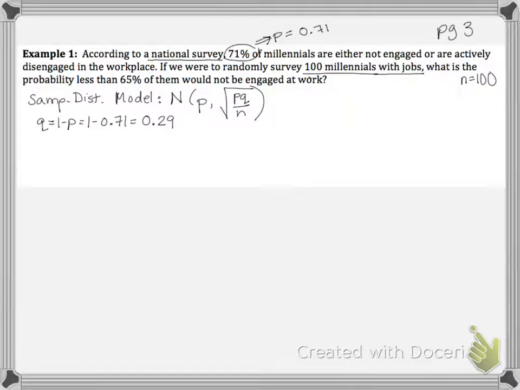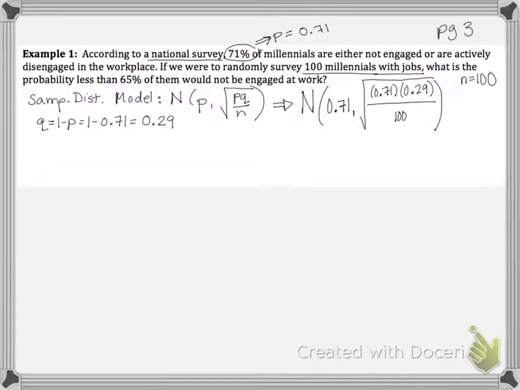So we take our P, we take our Q, and we approach the normal model. We now have 0.71, and then all under one square root, we've got 0.71, Q was 0.29, and N was the 100 millennials that we randomly selected.